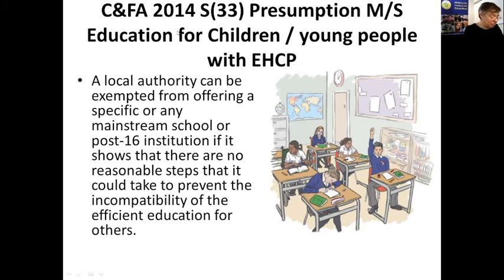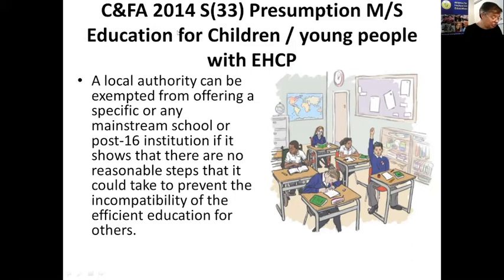The SEN Code of Practice says efficient education doesn't mean the gold standard of education. The local authority will have to show that the other children in the class would not receive a suitable, appropriate education in terms of their age, ability, aptitude, and any special educational needs they may have.